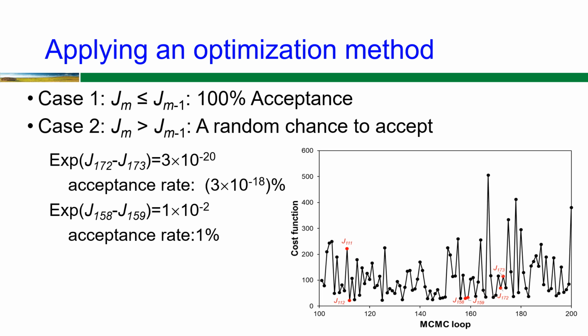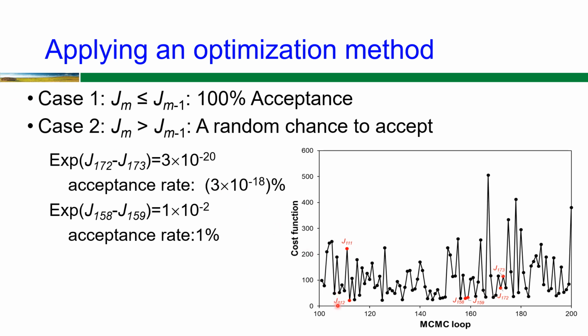When conducting optimization, the value of the cost function in iteration m is compared with that in iteration m minus 1. There are basically two cases when comparing the values of the cost function: Jm less than or equal to Jm minus 1, and Jm bigger than Jm minus 1.